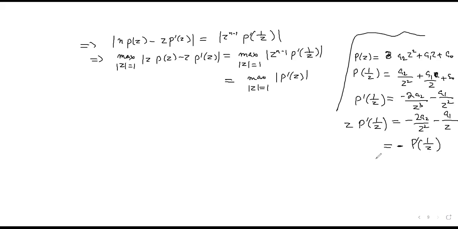You can easily check. तो ये तो गड़बड़ हो गई कुछ. मैंने क्या लिखा, p dash of 1 by z ये है.